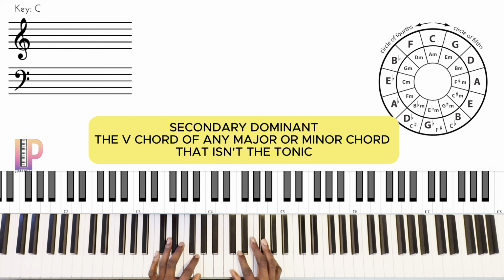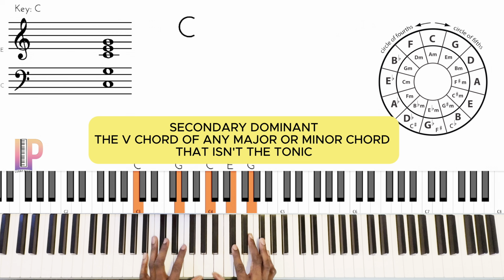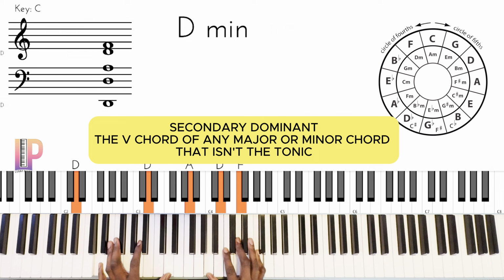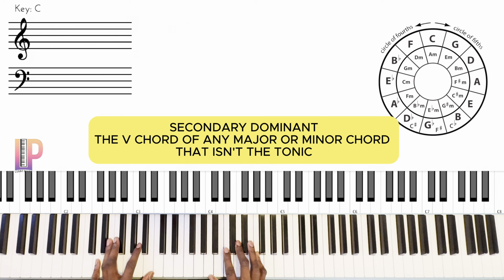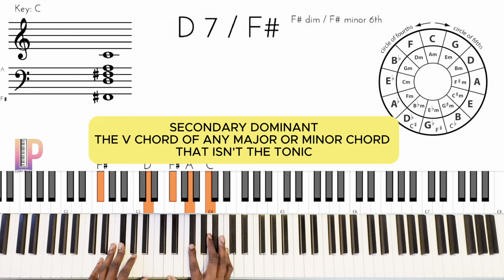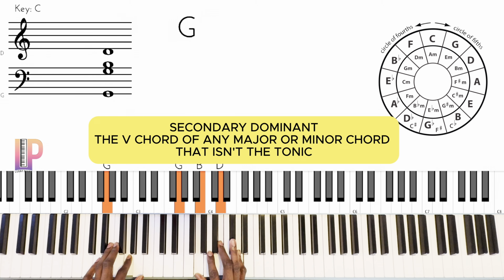It's A, so I'm going to play A7 to go to that D minor. After playing the D minor, I will go to G. I can make that D minor become a dominant 7 chord to G.